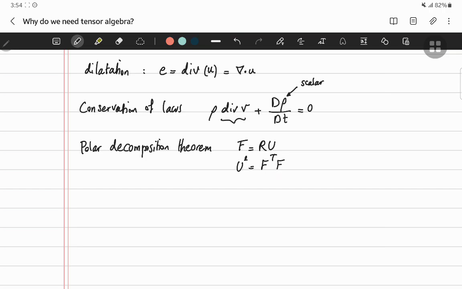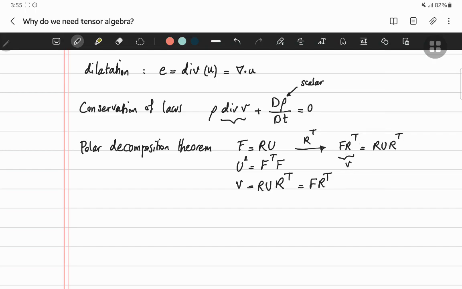For example, V is nothing but R U R transpose, and this RU here is F, so it is F R transpose. And here, if you recall, we times it by R transpose. So we have F R transpose is equal to R U R transpose, and from here, we got V.